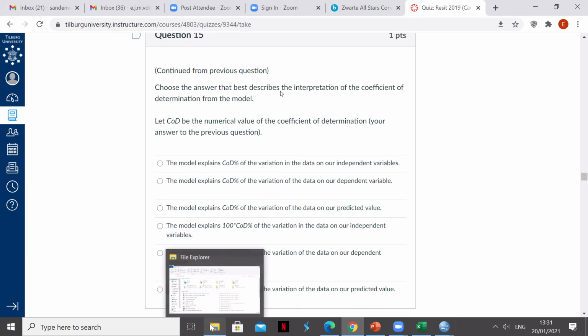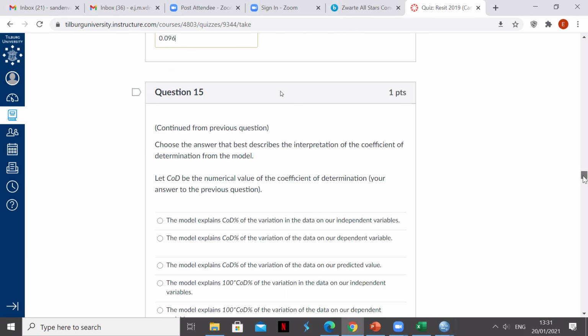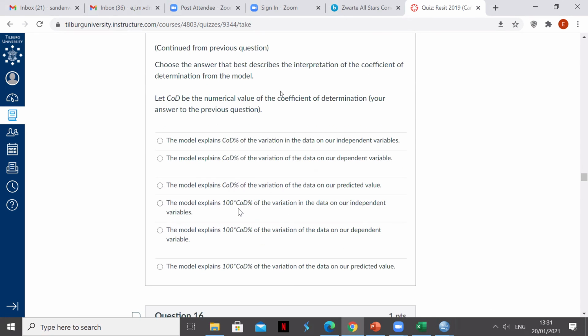So 100 times COD. Our COD was 0.096, which means that it explains 9.6% of the variation. So 9.6% of the variation is that in our independent variables, our dependent variables, or our predicted value? Well, I understand that you could think that both of these are correct. It's either one of those, indeed.